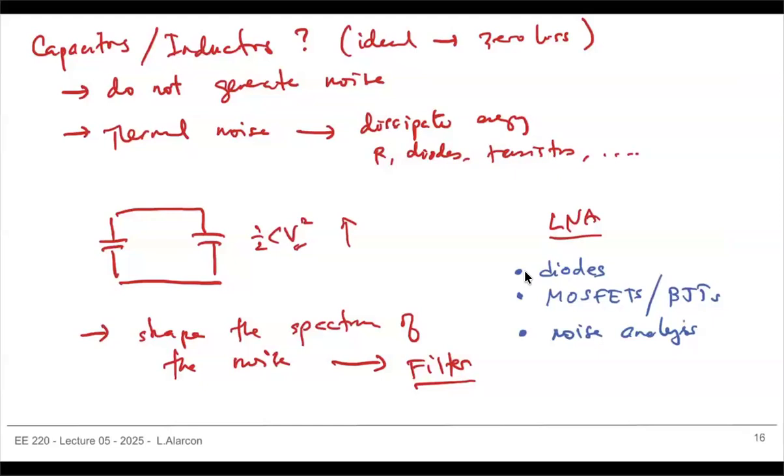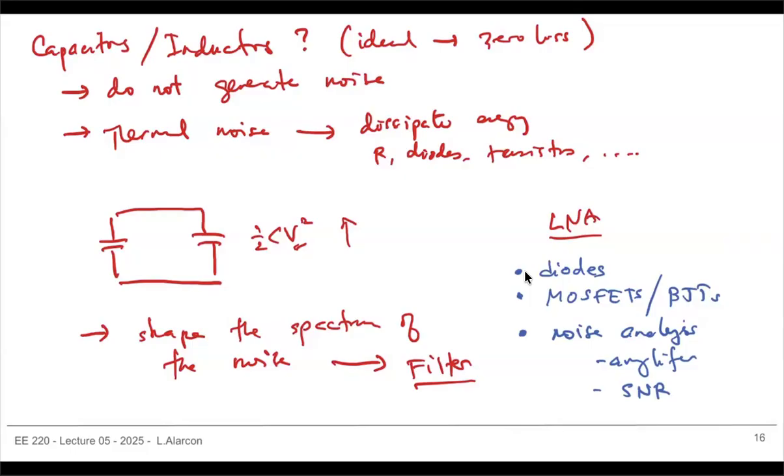I'm not really interested in the noise of a single transistor. I want the noise of, for example, an amplifier. Okay? And then we start defining what we mean by signal to noise ratio. And we'll look at stuff like, what's the minimum detectable signal based on noise, and so on and so forth.